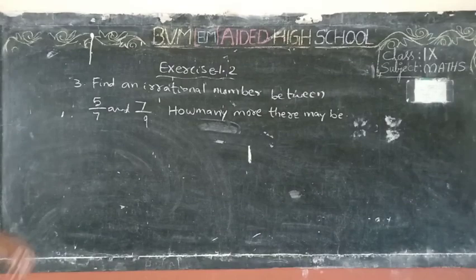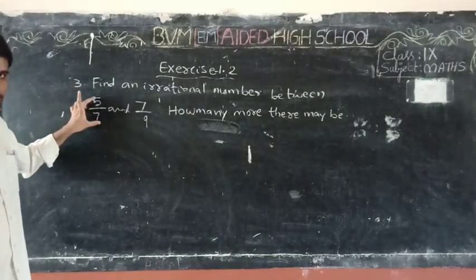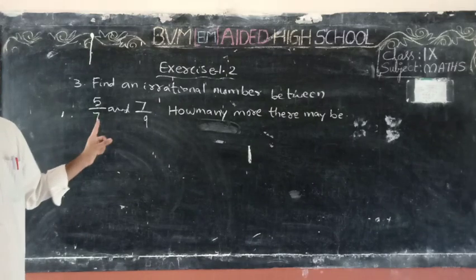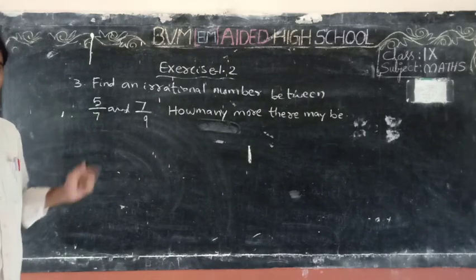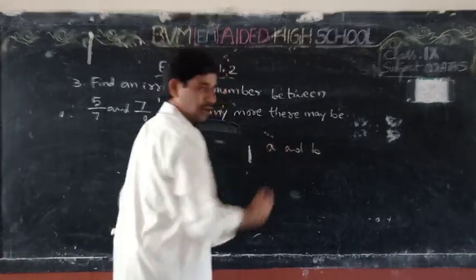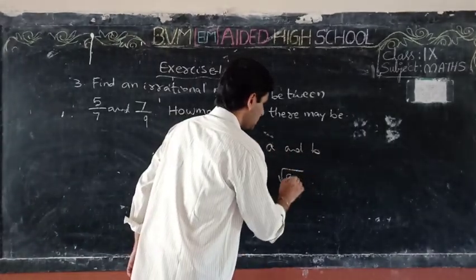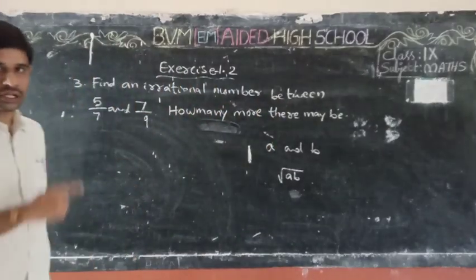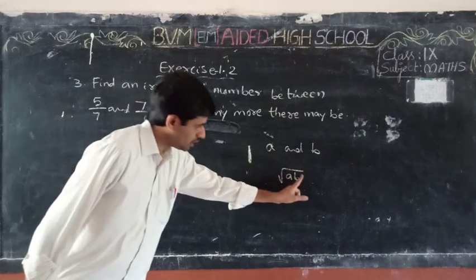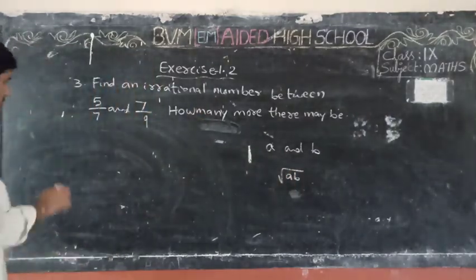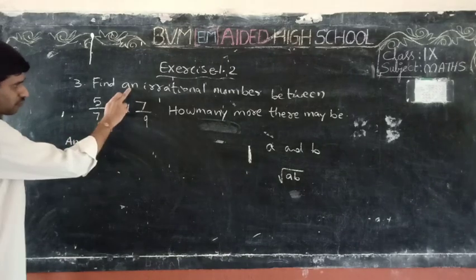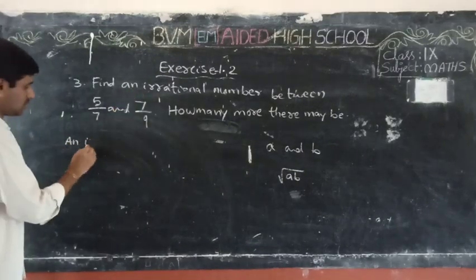First one is converting these fractions into decimal form and finding non-terminating, non-recurring decimals in between these. Second method, if a and b are rational numbers, then square root of ab is an irrational number that lies between these two when a into b is not a perfect square. So it is an easy method. You have to find only one irrational number.